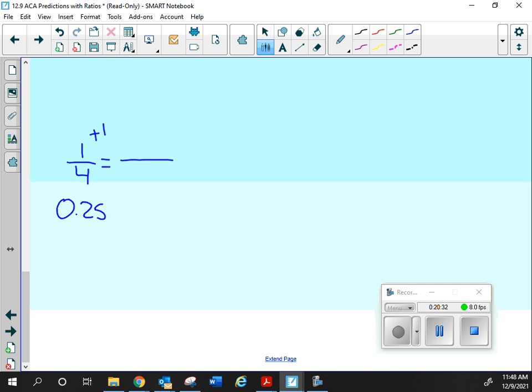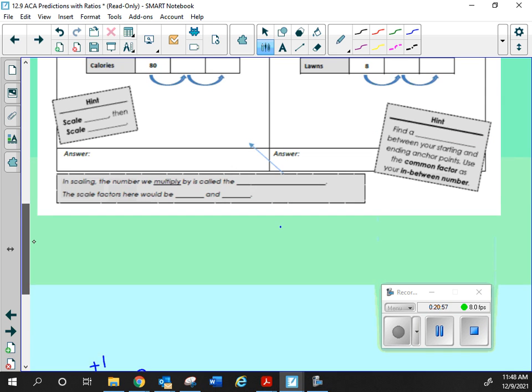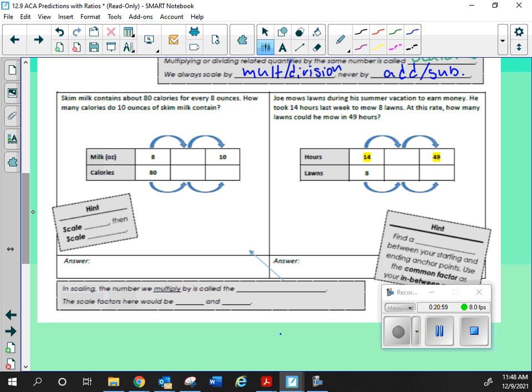What if I added 1 and added 1? That would become 2/5. What's 2/5? It's 0.4. Are those two sides equal? No. So I can't add or subtract in a proportion because it doesn't stay equal. I always have to do multiplication or division. So some of y'all who added or subtracted yesterday, that's why it didn't work out.